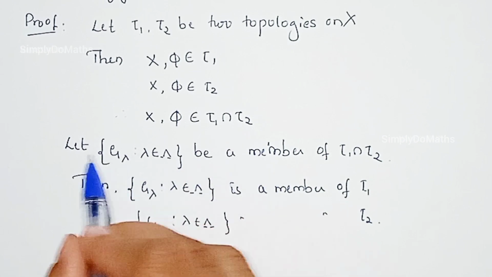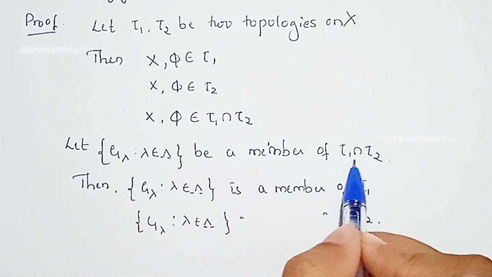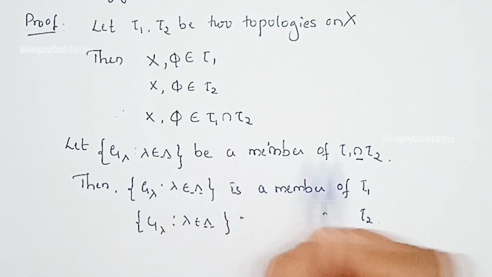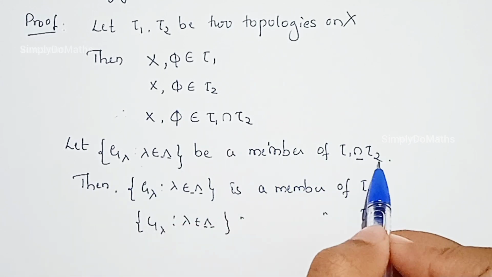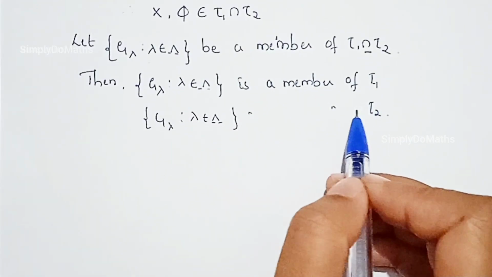Because G lambda is a member of tau1 intersection tau2, and intersection implies this member belongs to tau1 as well as tau2. So G lambda is a member of tau1 and G lambda is a member of tau2.